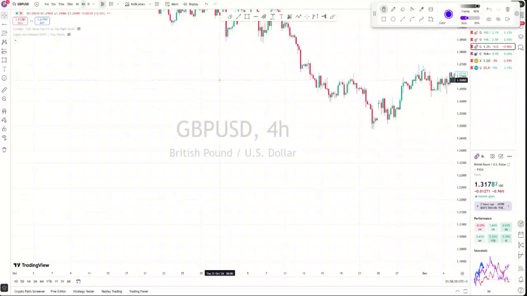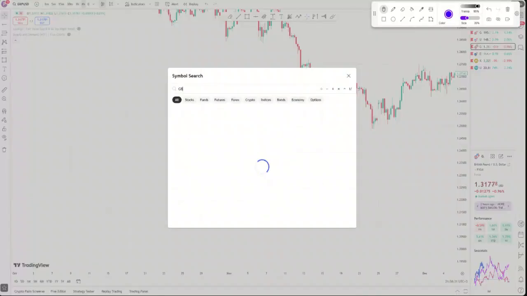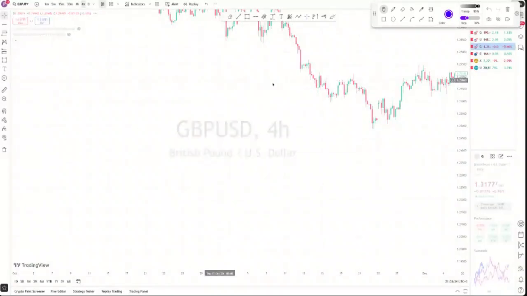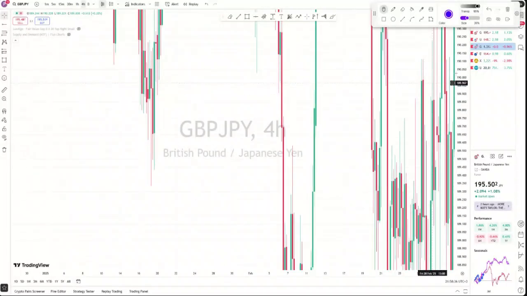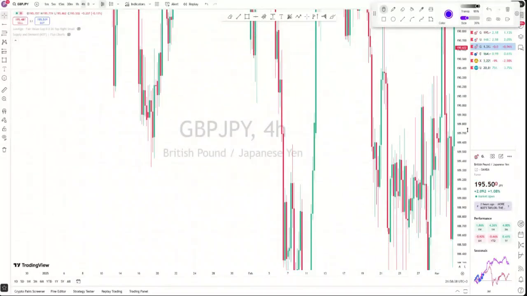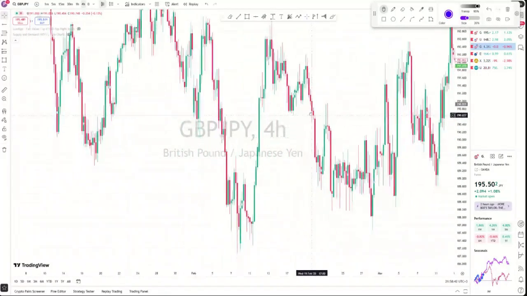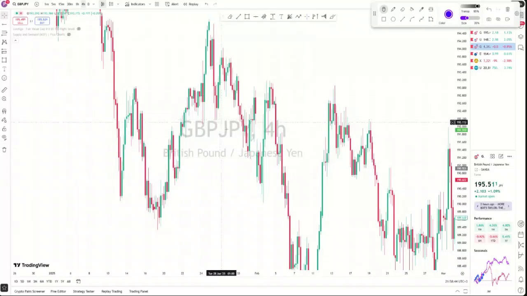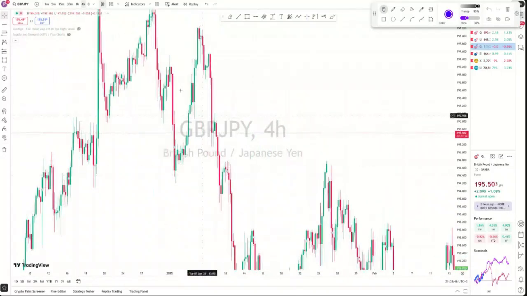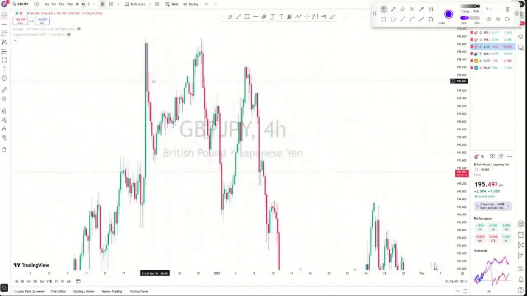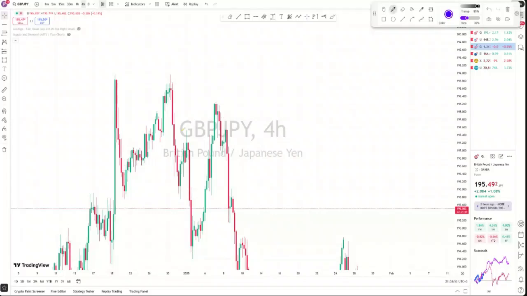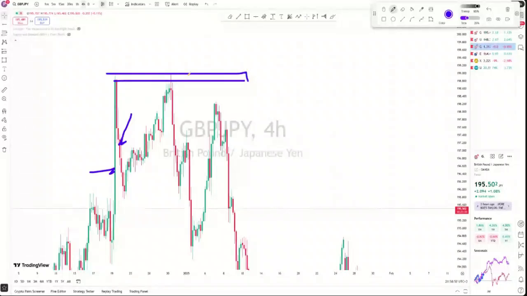Let's try a more volatile pair like GBP/JPY. JPY pairs have a lot of liquidity zones. See, a lot of liquidities, everywhere liquidity. So this is an example of a bearish liquidity. Market went up aggressively and down aggressively, so you just mark the top. When the market returns to that zone, you place a sell position.